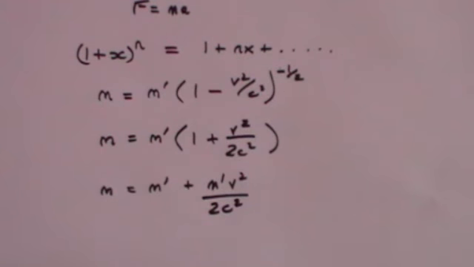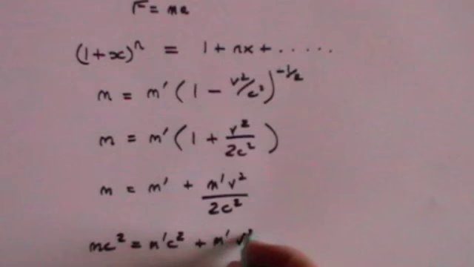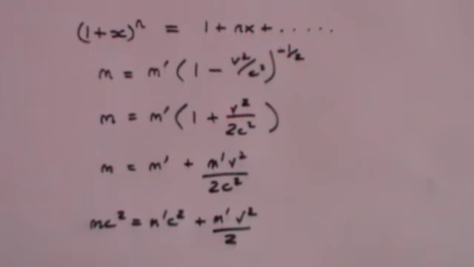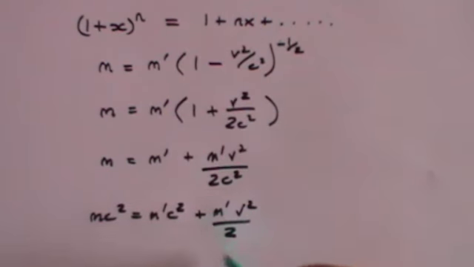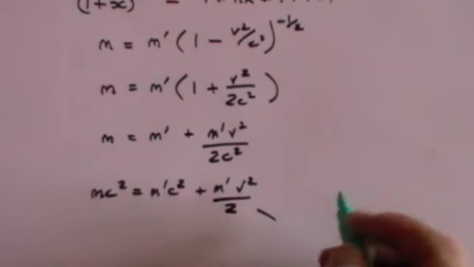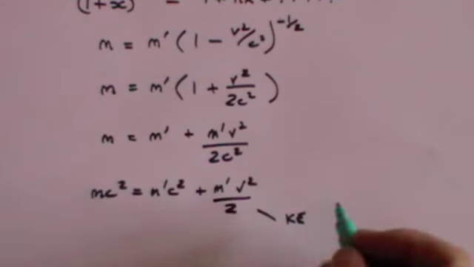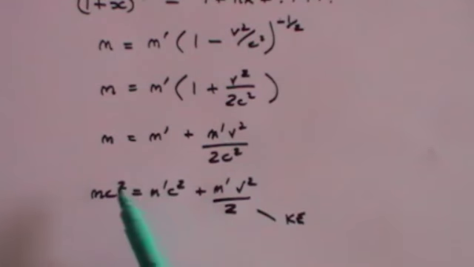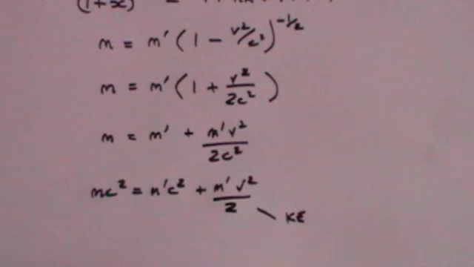And now let's multiply all the way through by c squared. mc squared equals m prime c squared plus m prime v squared over 2. You might recognise this, mv squared over 2, haven't we met that before? Isn't that kinetic energy? So this must be an energy term, mc squared must be an energy term.